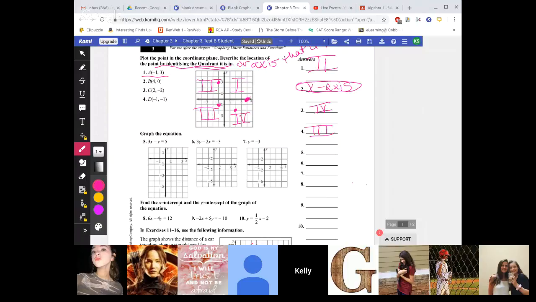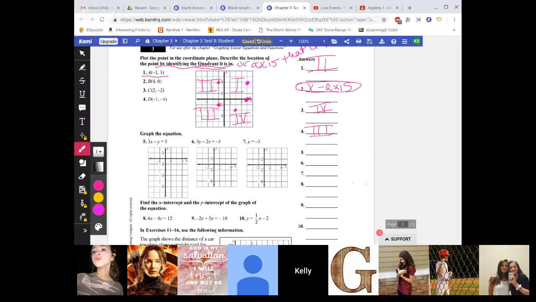Because I do want to make sure that you guys know how to do that, because you need to be able to plot them, and you also need to be able to read the graph. Like if, let's just say, for instance, I'm going to plot this point right here. I'm going to make it a different color. Can anyone tell me the coordinates for that point that I plotted that's purple?